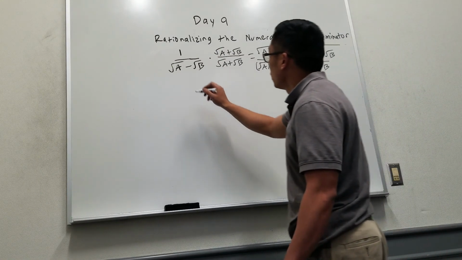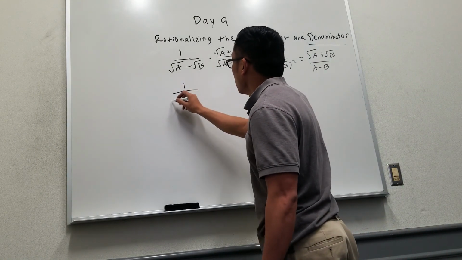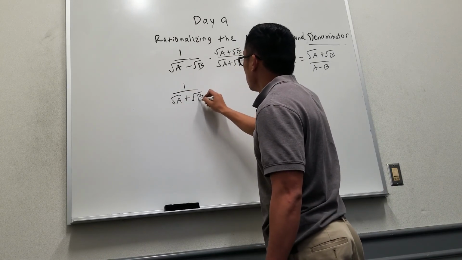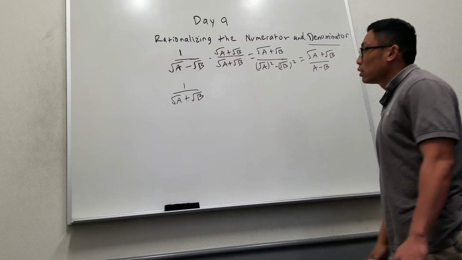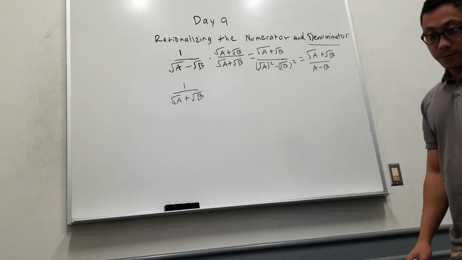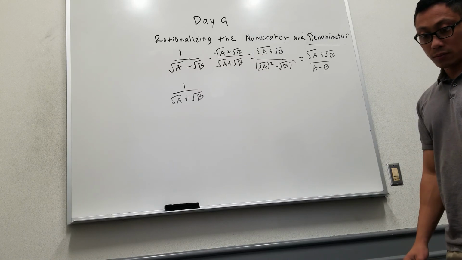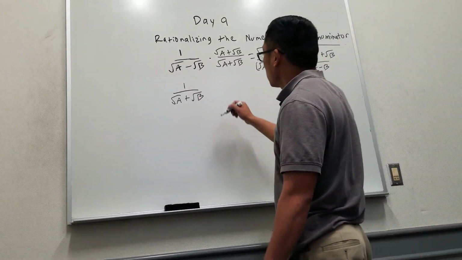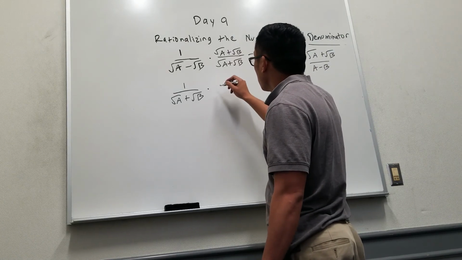So try it out. You have 1 over radical A plus radical B. Rationalize the denominator. See what you get. Okay, so how do I do this? Basically, I multiply by the conjugate of this.